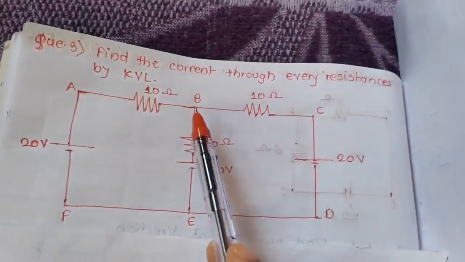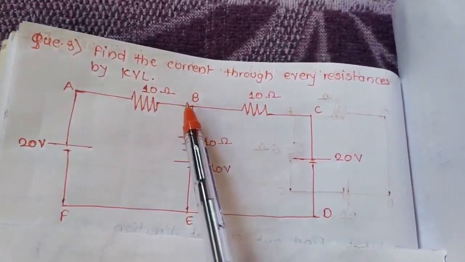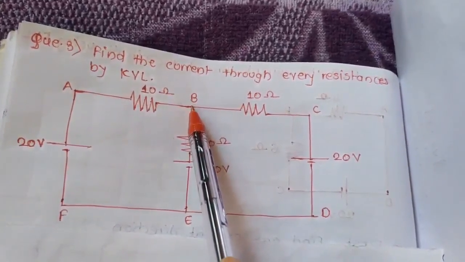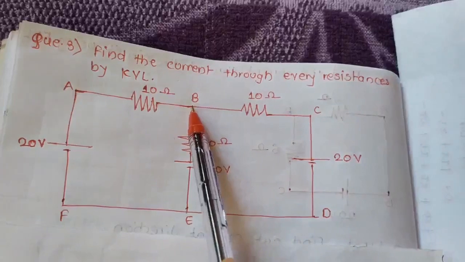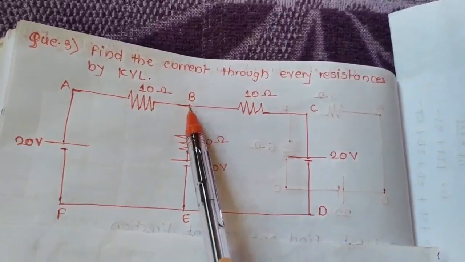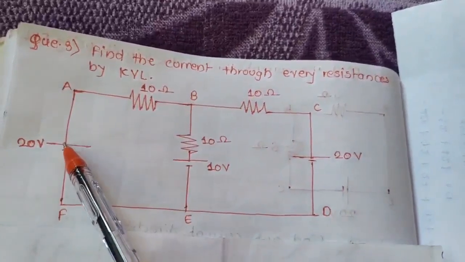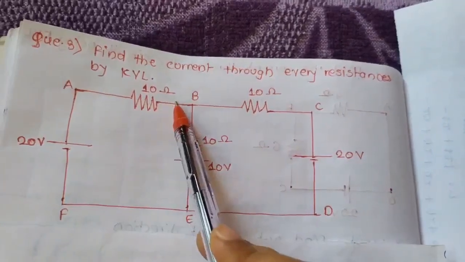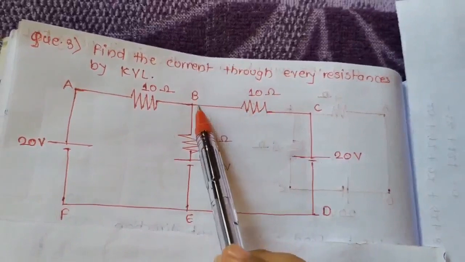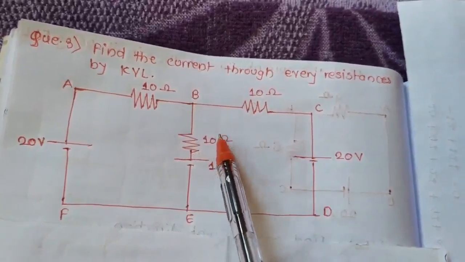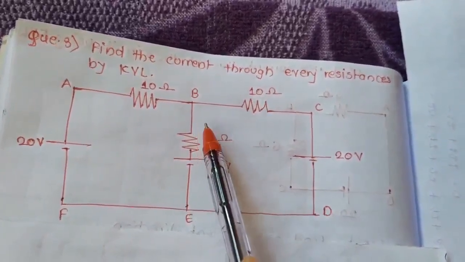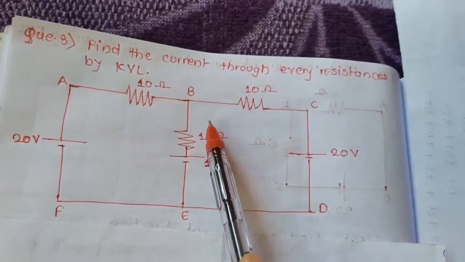according to KCL, summation of a current meeting at the point is equal to summation of a current going away from the point. Hence, if we take I1 from here, I2 from here, for this branch we get current I1 plus I2.